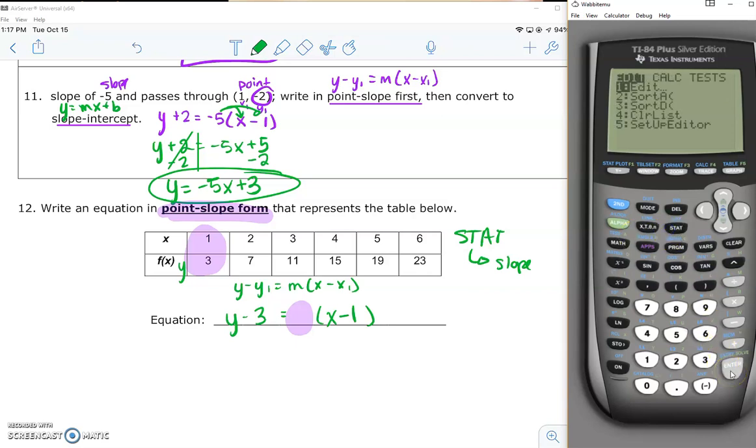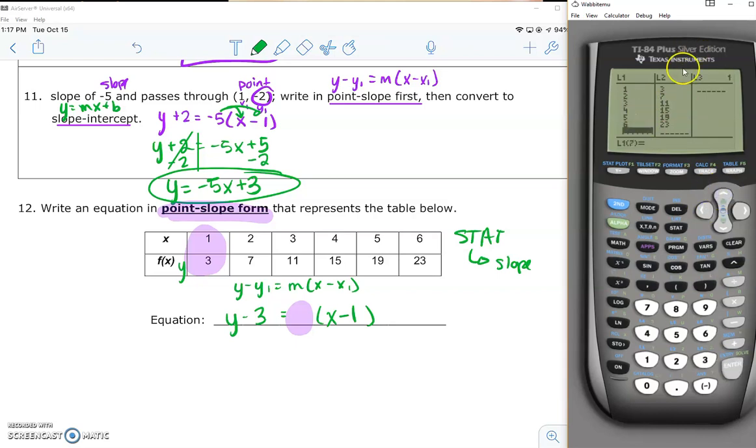Using my calculator, stat edit, I enter all my x values, 1, 2, 3, 4, 5, 6, and then my y values, 3, 7, 11, 15, 19, 23. Notice, I missed something. I skipped the 3 on the x. 1, 2, 3, 4, 5, 6.